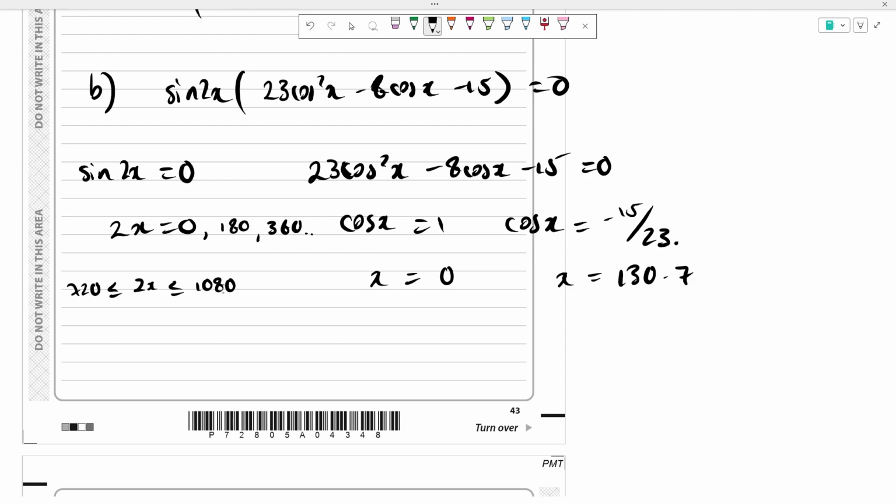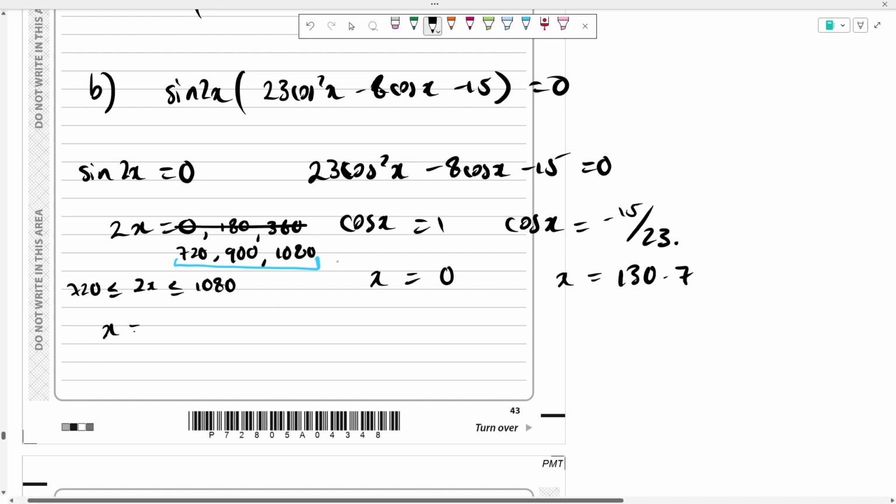So there is actually going to be one at 720, because you can see this is kind of a factor. Let's keep on adding 180. That gives you 900, and then the next one would be 1080. So we don't care about these three, but these three here are the relevant ones. Therefore, if we go ahead and divide these three numbers by 2, that means x must equal 360, 450, and 540 for this.